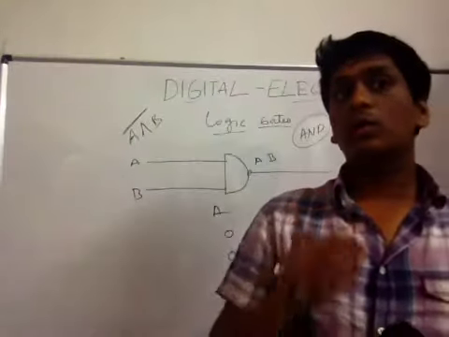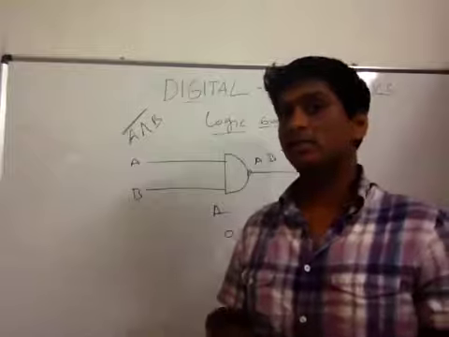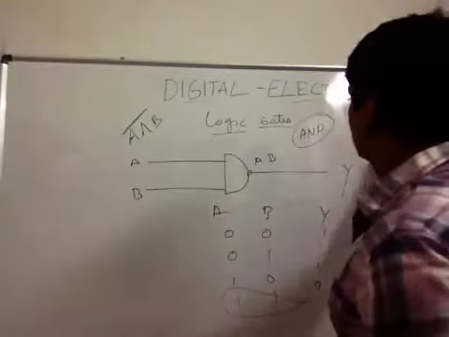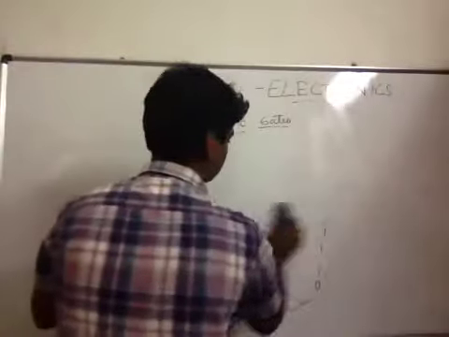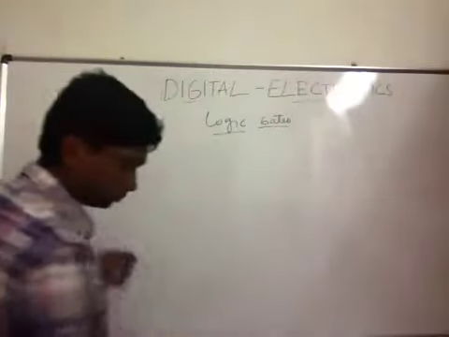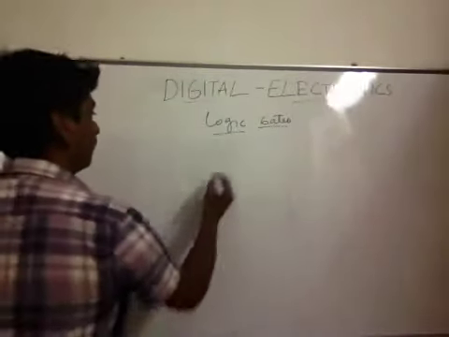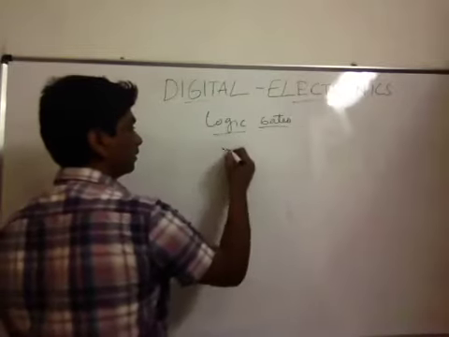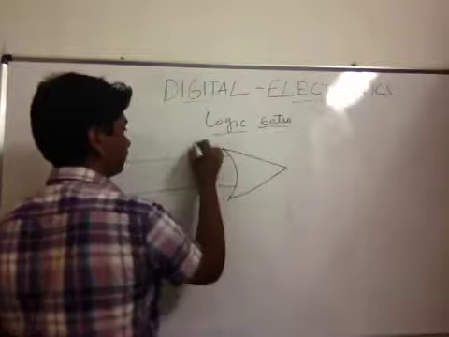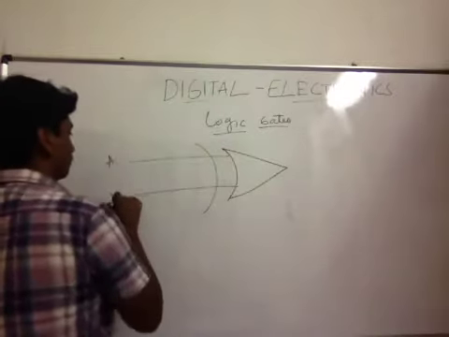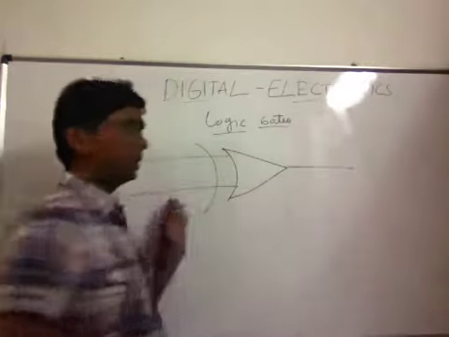And XOR and XNOR are two more gates. I'll just tell you briefly about XOR gate. I have taken two inputs.